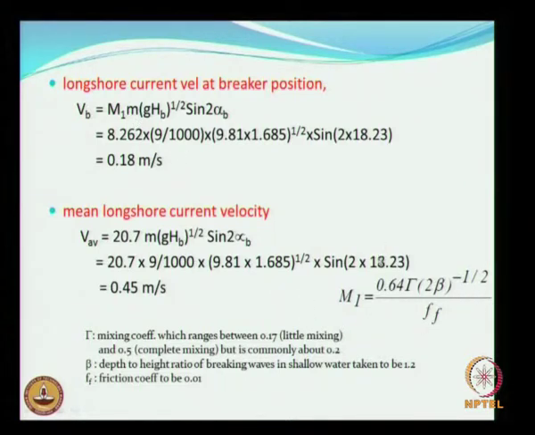You can use 0.2 as the mixing parameter, and all other parameters are known. Beta is 1.2 and the friction coefficient is taken as 0.01, and hence you can calculate this because the breaker angle has been evaluated and the breaker height is given, and this is the order of the velocity at the breaker zone. Is that clear?